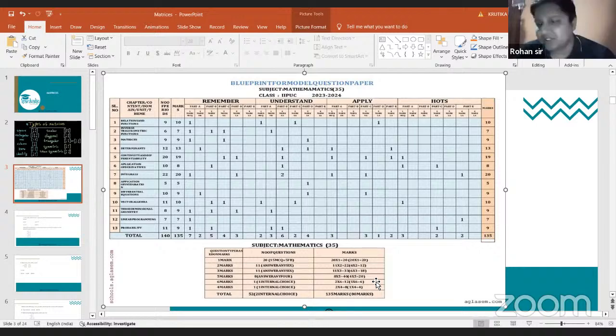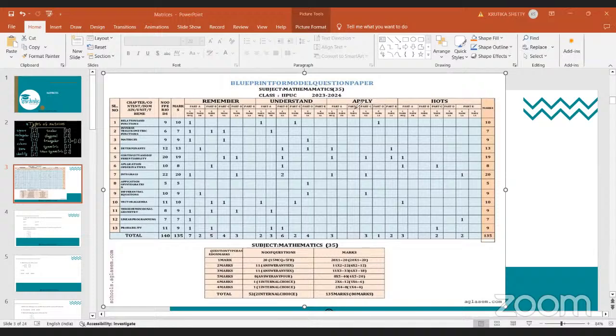So this time a change has been made. Earlier it was for 100 marks. Okay, the paper was for 100 marks earlier. From this year, they are planning to make it for 80 marks.